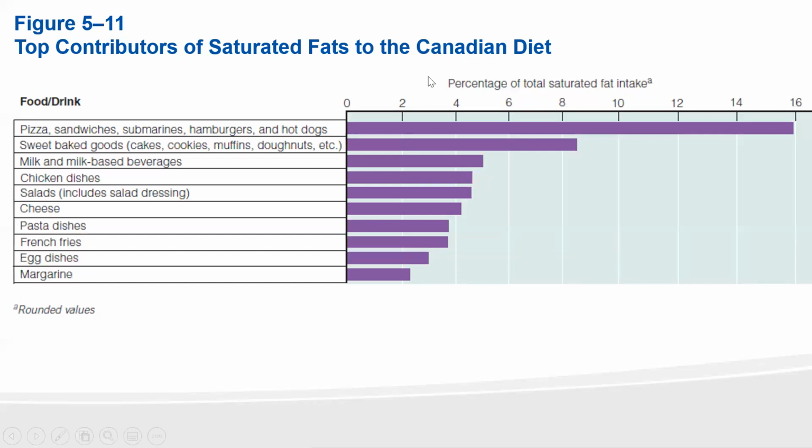And you can see the usual suspects in the diet are fast food and other convenience foods, right? So pizza, hamburgers, sandwiches, submarines, baked goods, those kinds of things. And you can often do yourself a favor by making better choices around those kinds of things.